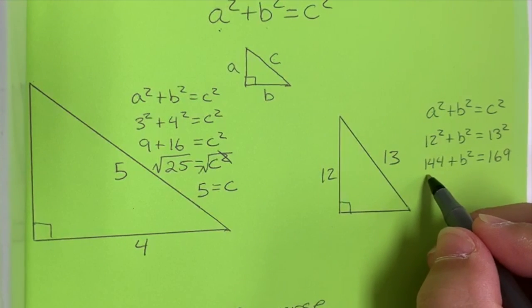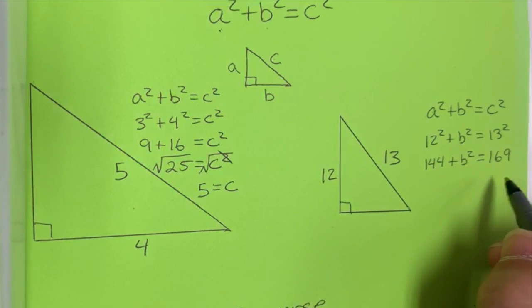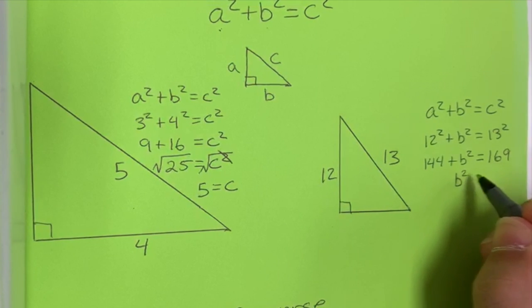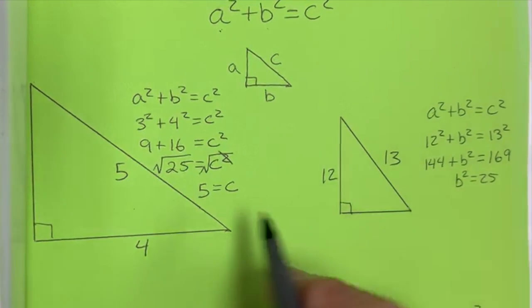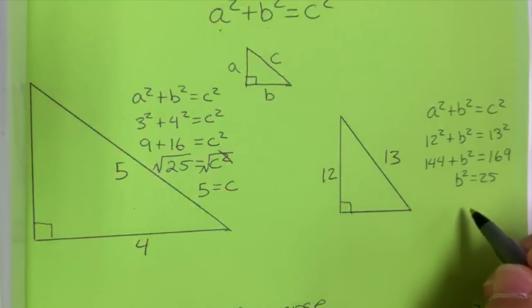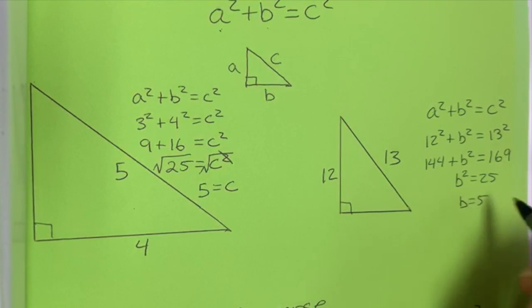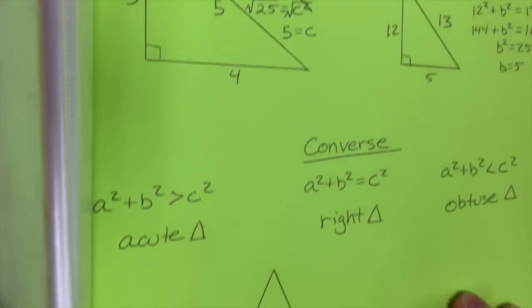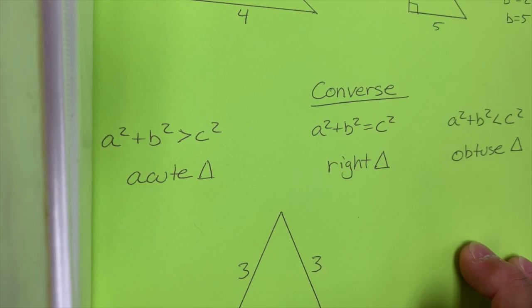If I subtract 144 from both sides, I get b squared is equal to 25. And the same thing we got from the other one, b is going to be equal to just 5.